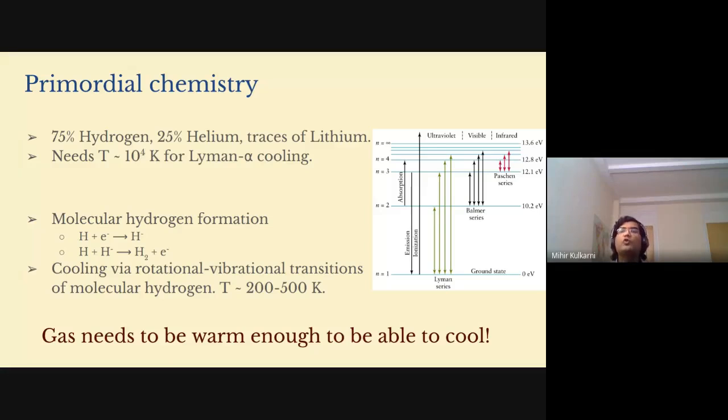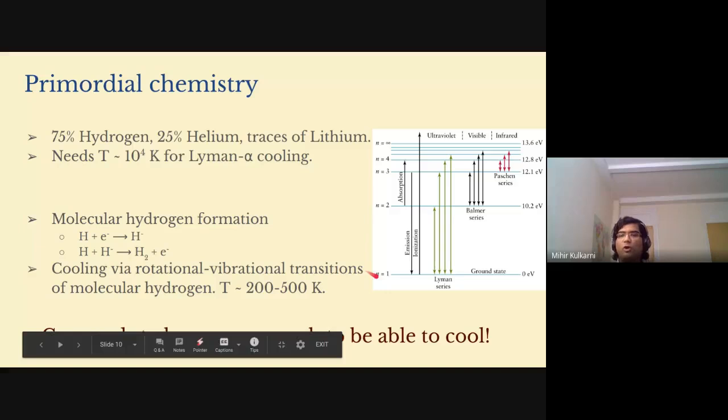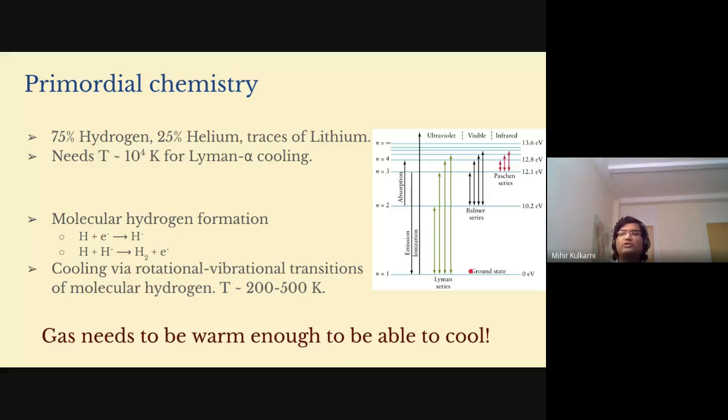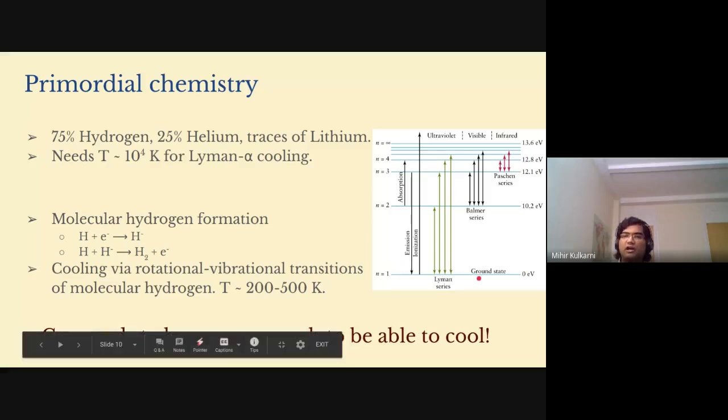And if we want to cool a gas, what are the effective pathways? For example, all of us know about transition lines of the hydrogen atom. We have n equal to 1 to n equal to 2, which is the Lyman alpha transition, which corresponds to nearly 10 electron volts. Suppose your gas is at a temperature of 7,000 Kelvin, and most of the hydrogen is sitting in the ground state.